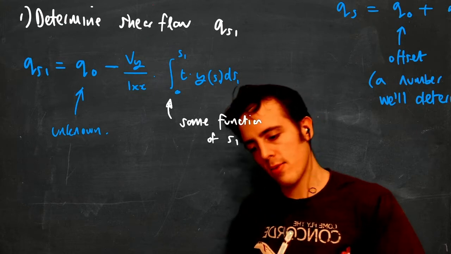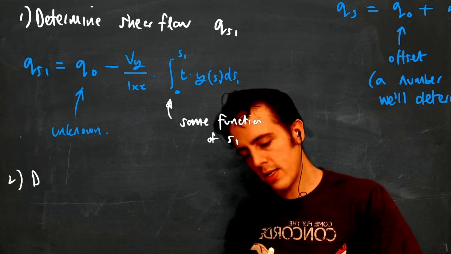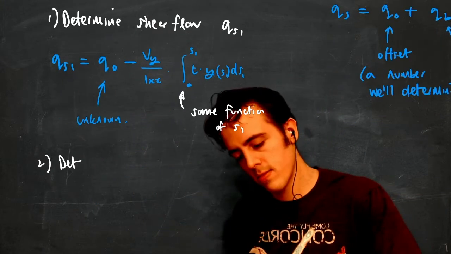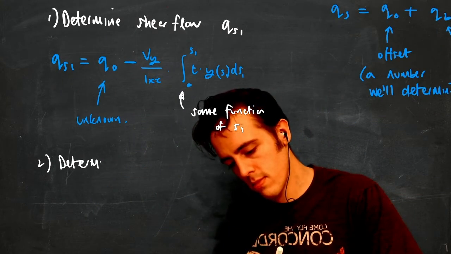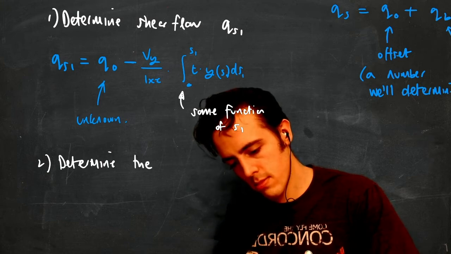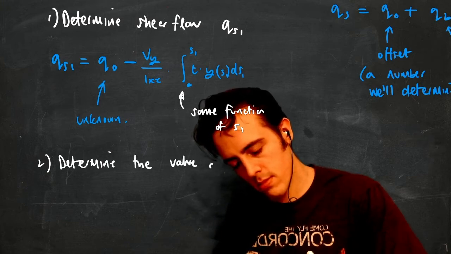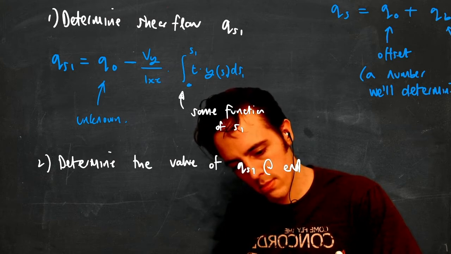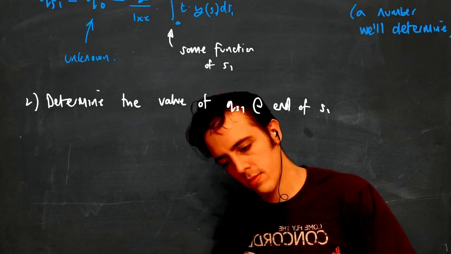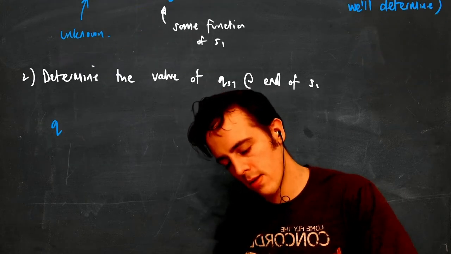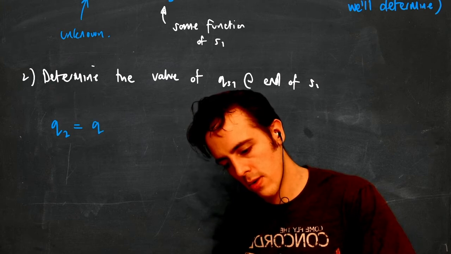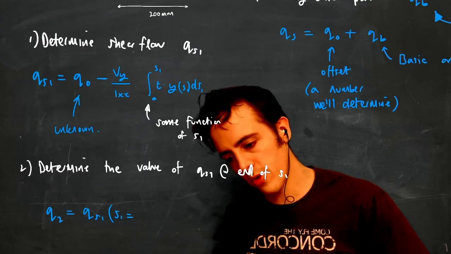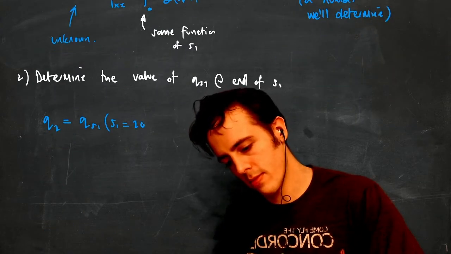What we then get, we'd say 2, we determine the principal shear flow at this point here. So we would get Q2 is equal to Qs1 when S1 is equal to 200 millimeters for this.